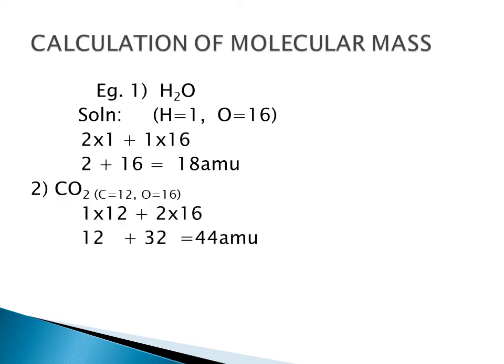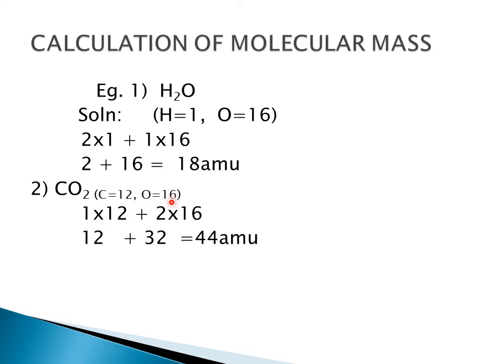That is carbon dioxide. Carbon dioxide, we know the molecular formula is CO2. Here it is made up of one atom of carbon and two atoms of oxygen. And we should know the atomic masses. Carbon atomic mass is 12 AMU, and oxygen is 16 AMU.